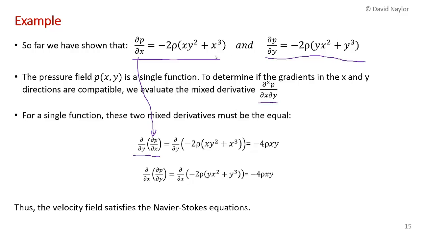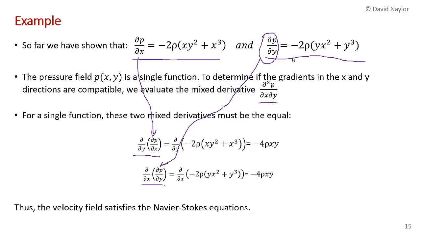And of course, that's d/dy of minus 2 rho x y squared plus x cubed. Of course, we treat that as a constant. So that's going to just become, in the y, the 2 is going to come down and you get minus 4 rho xy. Now I've repeated this. I'm taking the derivative of this pressure gradient in the y direction with respect to x. So that substitution goes into there.